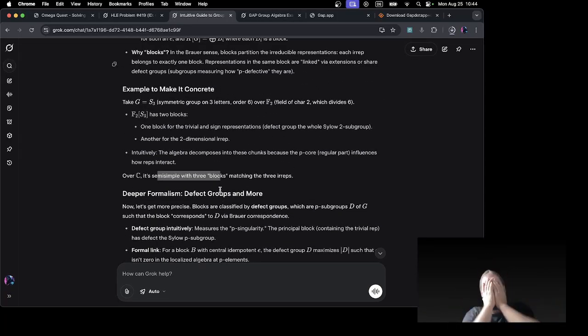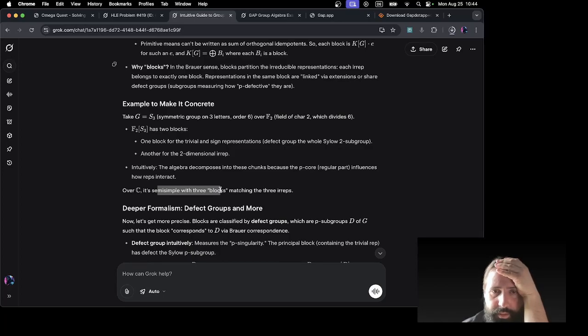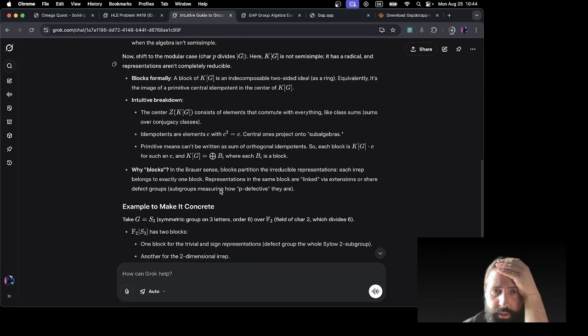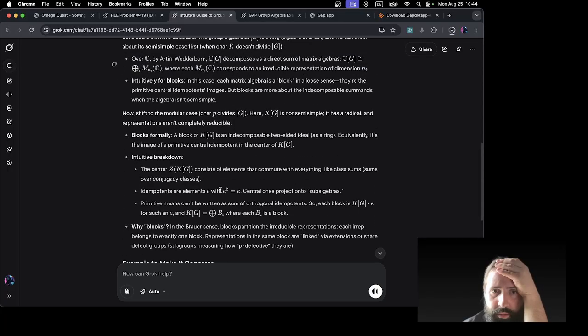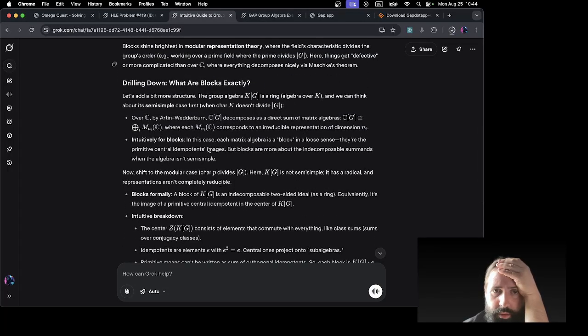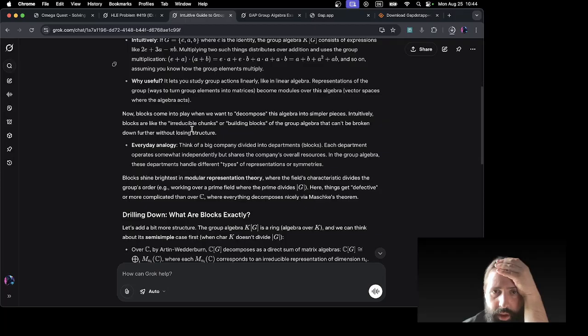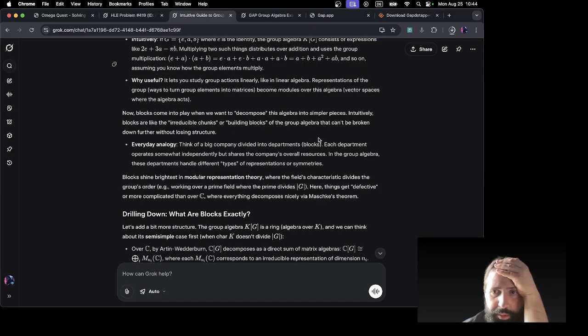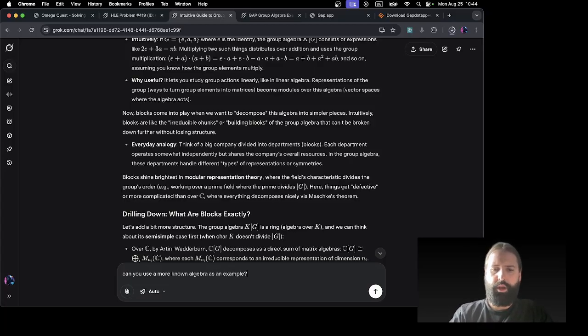Let's think about this. What does it mean to break an algebra into simpler pieces, into more irreducible blocks? Can you use a more known algebra as an example?